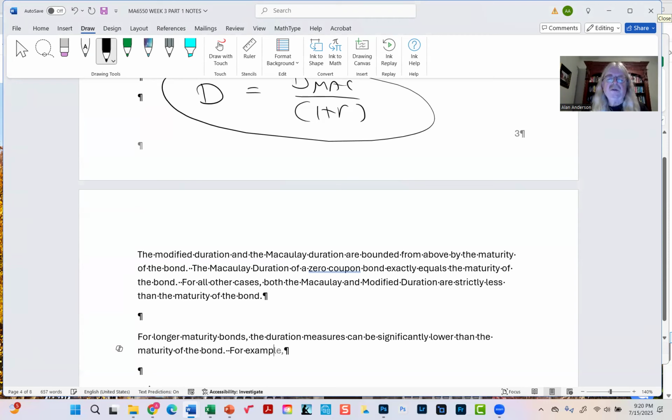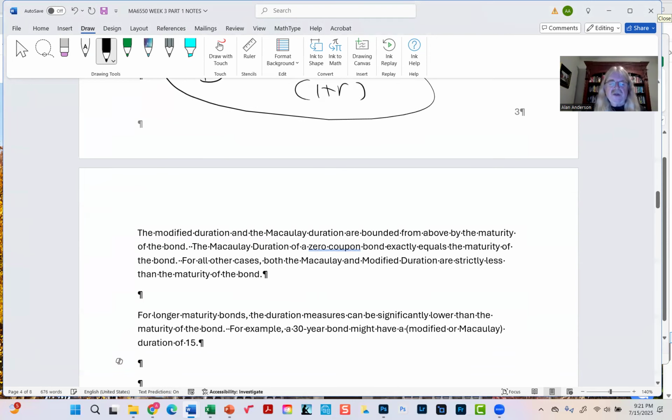For example, a 30-year bond, depending on its other features, might have a duration, modified or Macaulay, it doesn't matter, 15, let's say. So in other words, as time goes by, the duration becomes a smaller and smaller percentage of the maturity.